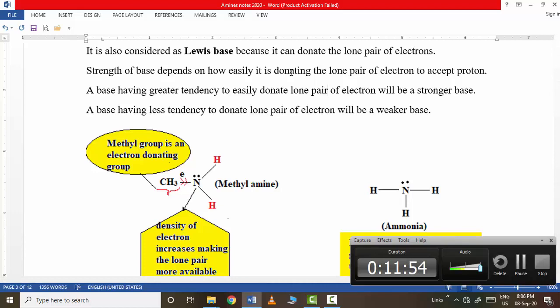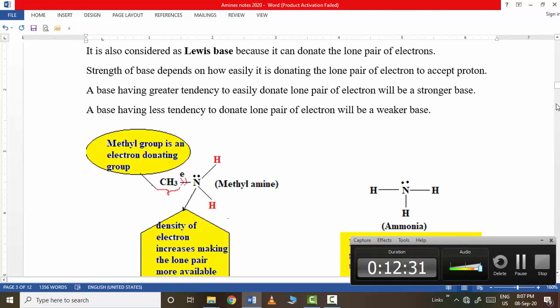If the base has a greater tendency to easily donate the lone pair of electrons, it can be considered a strong base. If a base has a lesser tendency to donate the lone pair of electrons, it can be considered a weaker base.